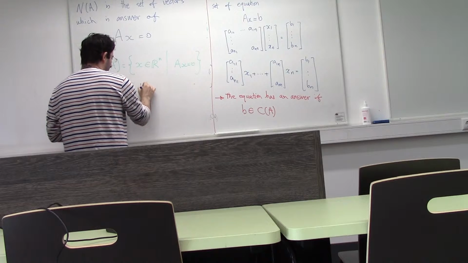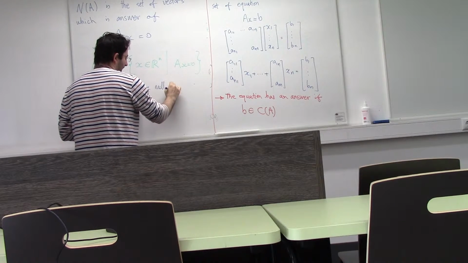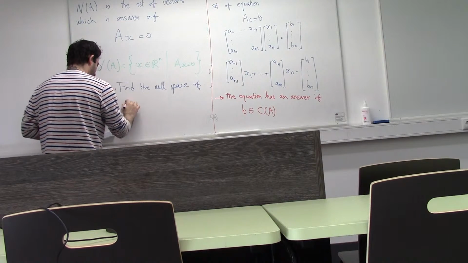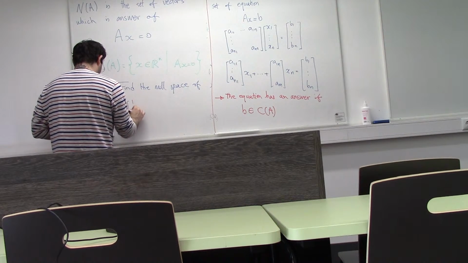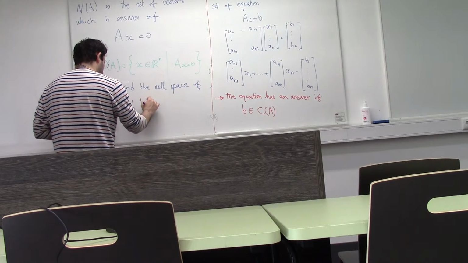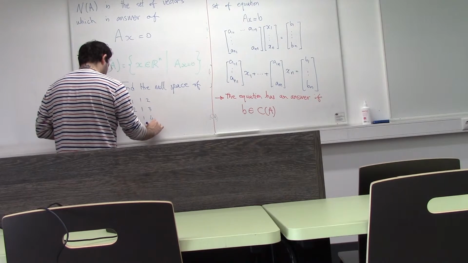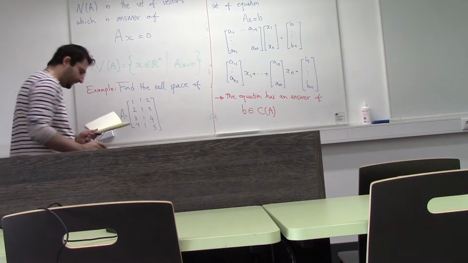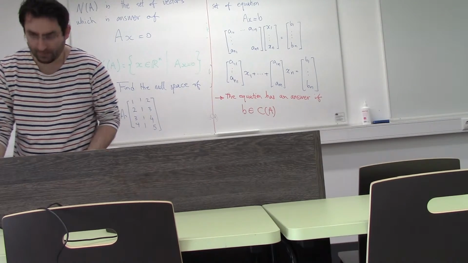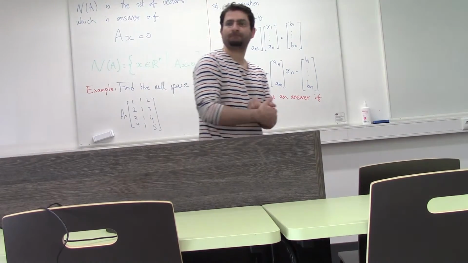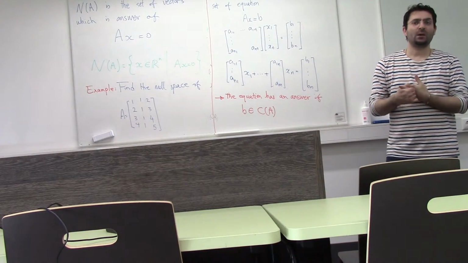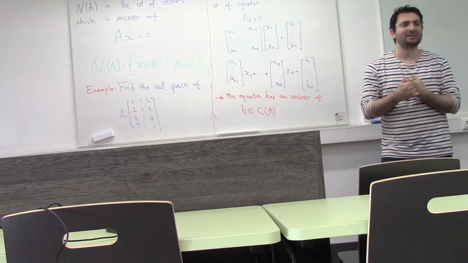Find the null space of 1, 2, 3, 4, 1, 1, 1, 1, 2, 3, 4, 5. Find the null space and tell me what the null space represents.